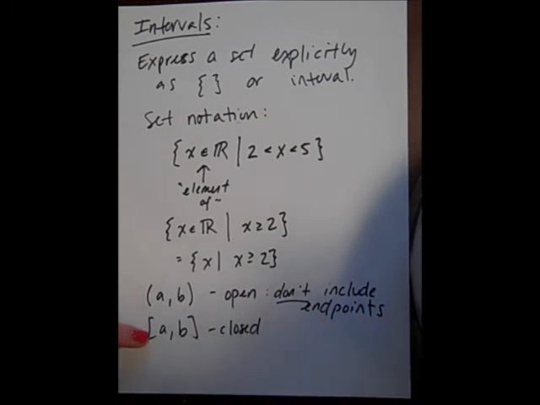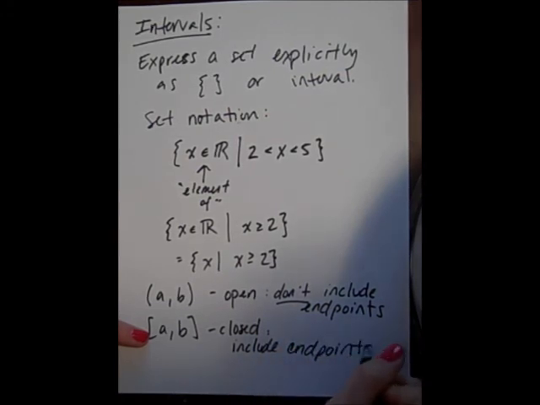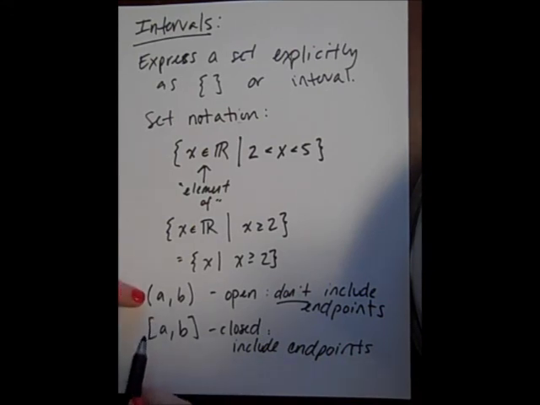Whereas closed intervals mean include the endpoints. So that's the difference between open and closed. Open intervals use parentheses. That means don't include the endpoints. Closed means do include the endpoints. Sometimes you'll have half open or half closed. That just means you're going to include one endpoint and not the other.